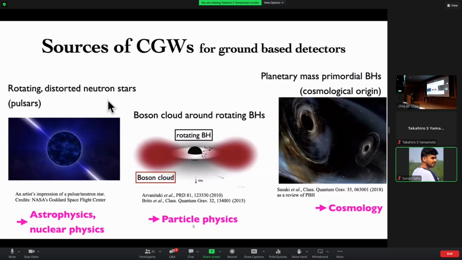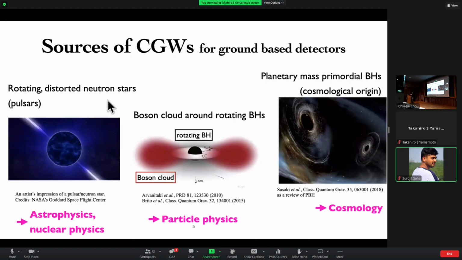Another point is that for current sensitivity, there is a reference amplitude, the so-called spin-down limit. It can be derived by equating the energy loss by gravitational waves with the loss of rotating energy.